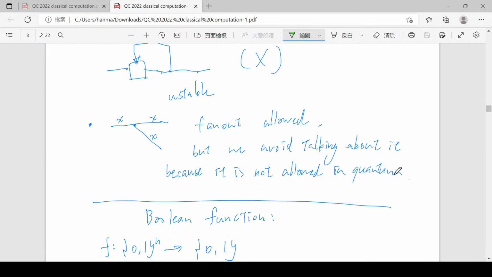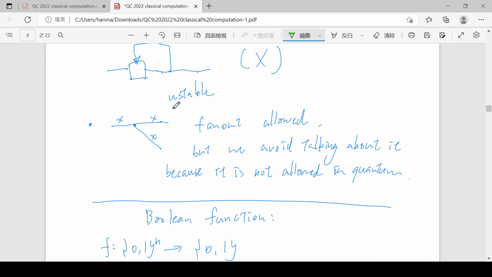The basic idea is that there is the no-cloning theorem in quantum. So if this is not a classical bit here, if this is some quantum state psi here, then you just cannot have fan out where you have two copies of psi. Okay. So this is allowed, but we mostly will not use this.